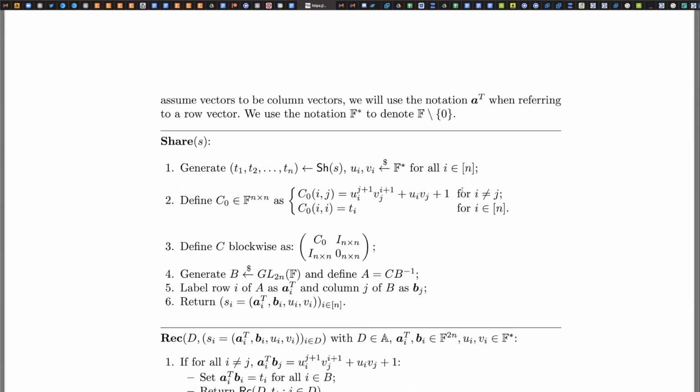And if they are the same, then you pick ti out of the shares. Does that make sense? Yes. Okay, all right.